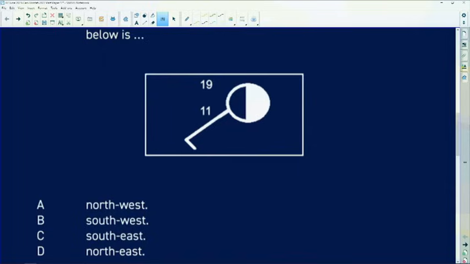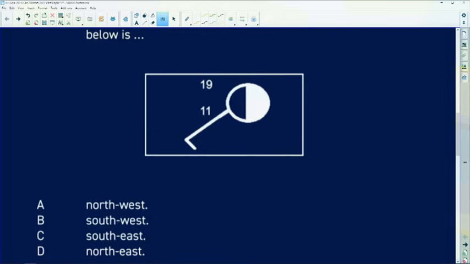Now, before I answer this question, because our next questions are regarding weather station models. Once again, grade 12, this needs to be a very simple topic for you because we've done it in grade 11 and in grade 10. Now, for instance, remember the 19 that we see in the top left-hand side corner represents temperature.